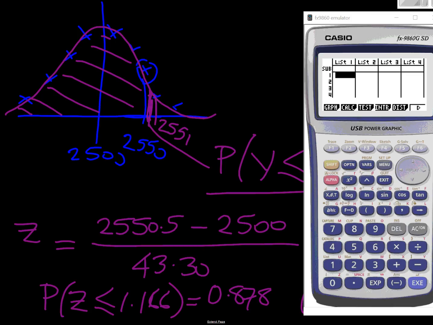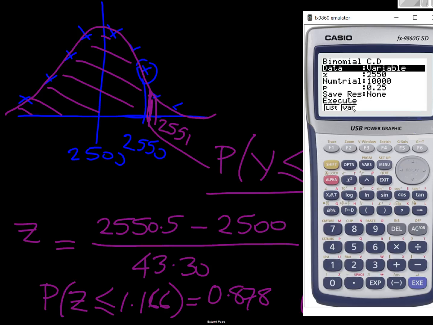Just out of interest, as we've got these lovely calculators, let's have a look and see what the actual figure would have been as opposed to the approximation. Distribution, binomial, BCD, we're interested in there. If we put the figures in, our X value, they asked us 2550, number of trials 10,000, our P was 0.25, we would have got the answer 0.878.